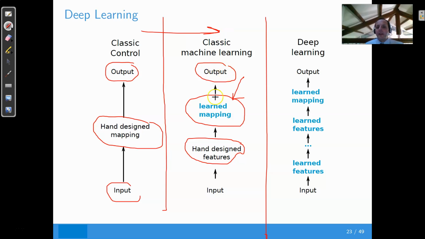This is the classical machine learning, for example when you are considering a multi-layer perceptron neural network, with a limited number of layers.